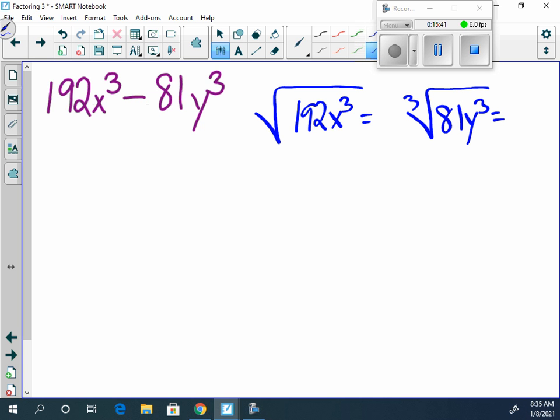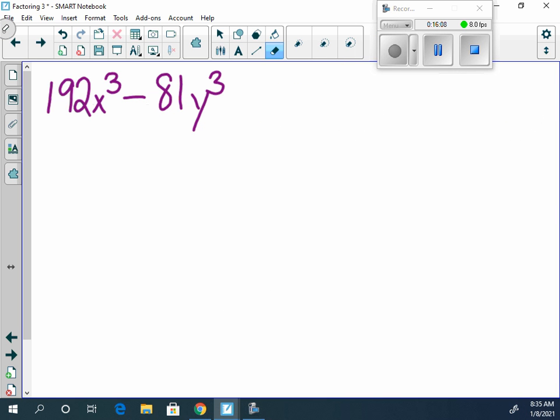There should be one that's a cubed root. And so we can take the cubed root of 192. Well, that doesn't work, does it? Okay. And 81 doesn't work. Well, wait a minute.